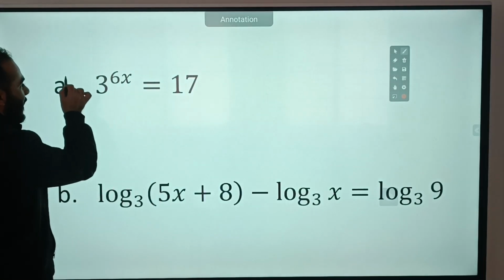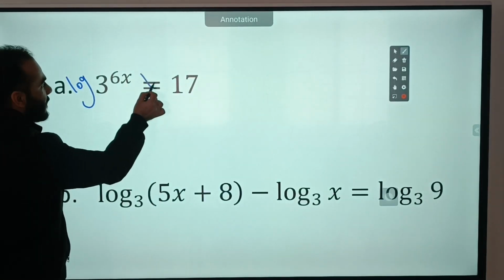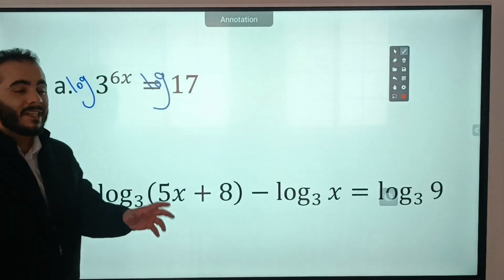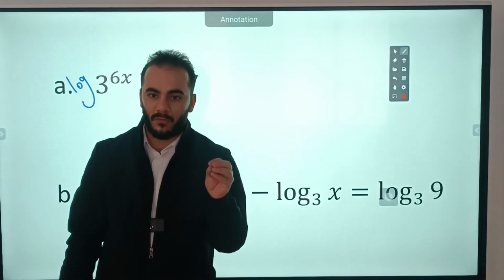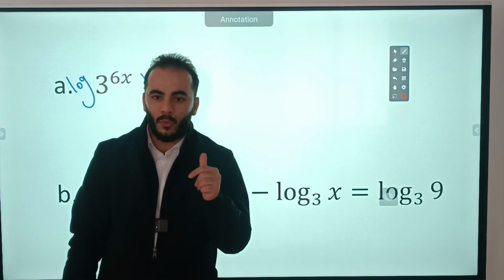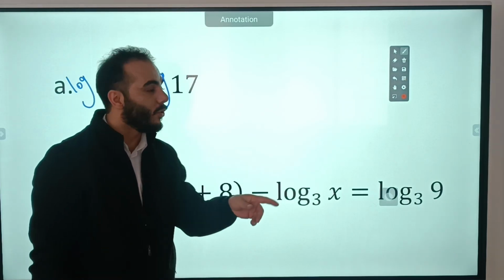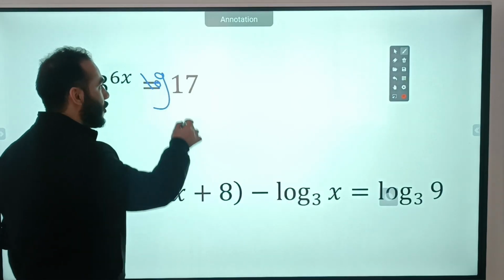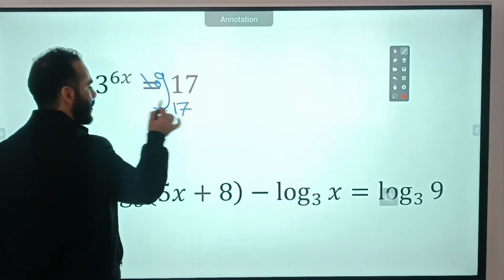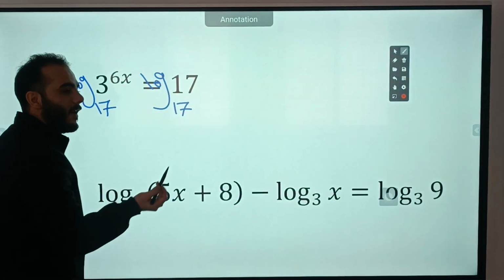Okay, take log for both sides. Of course, when we take log, we should think about its base as well. For such a question, we said that the base must be equal to the same number that we have here. So what number do I have here? 17. So the base must be 17.